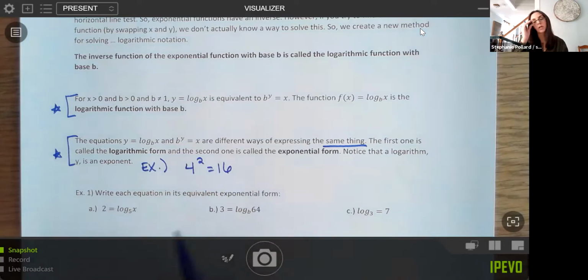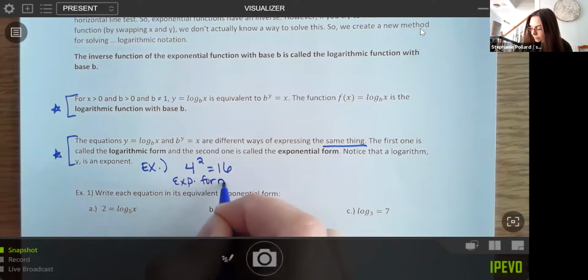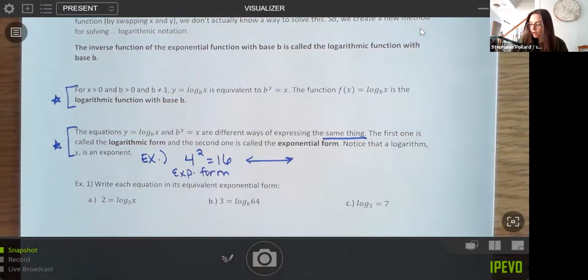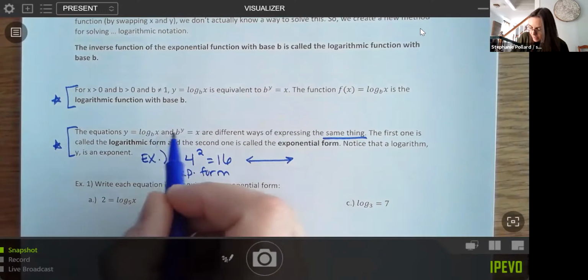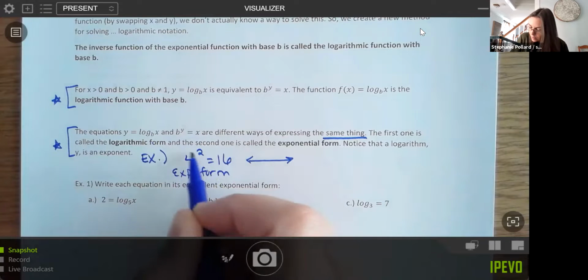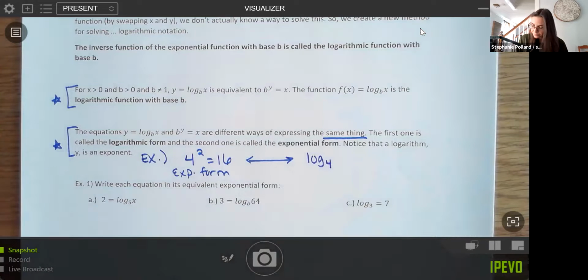we know that 4 squared is equal to 16. This is in the exponential form. In the log form, your base is the same as the base here. So this is a base and this is a base. In this case, my base is 4, so it's going to be log to the base of 4.